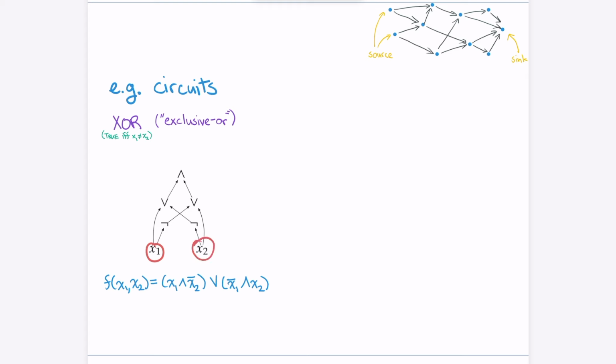And you think about these as Boolean values propagating through the graph. Like for this formula here, if x1 is true and x2 is false, then as you propagate, maybe I go up this edge and this is a not. That symbol is supposed to represent a negation. So this true becomes false.